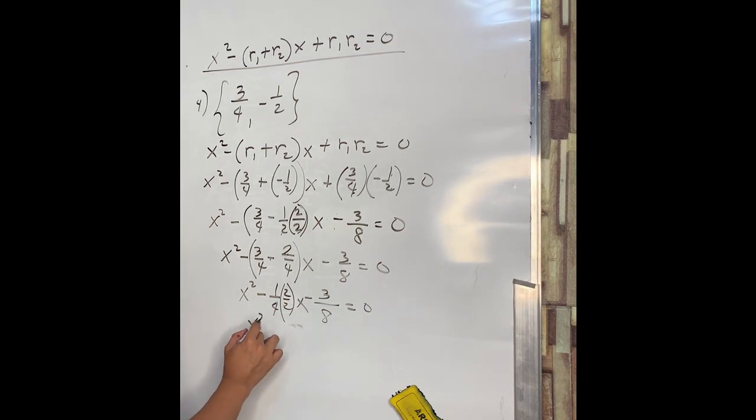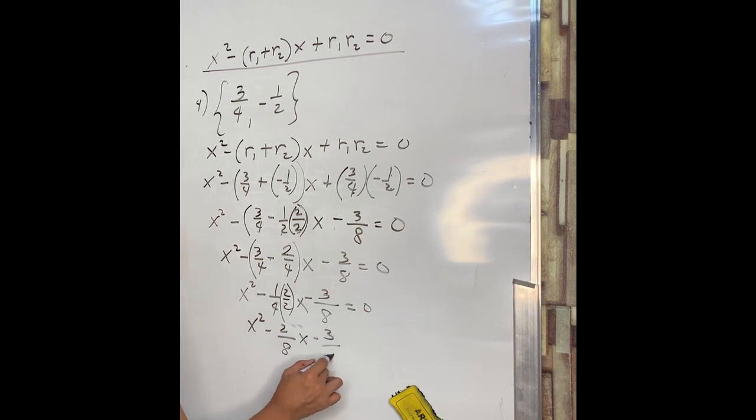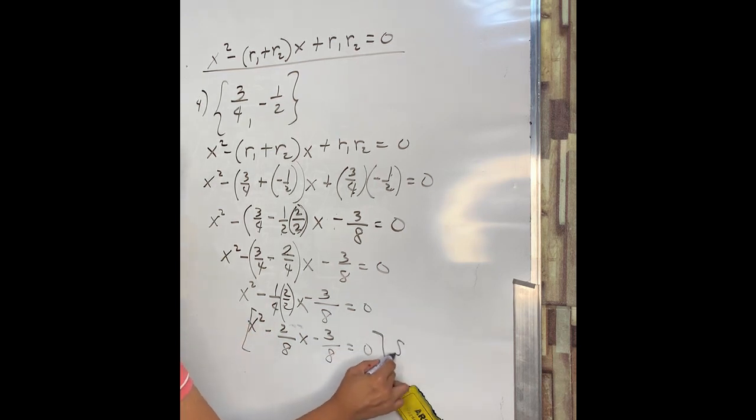So you will have x squared minus 2 over 8x minus 3 over 8 is equal to 0. Multiply all the terms by 8. So you will have 8x squared minus 2x minus 3 is equal to 0. Therefore, the equivalent quadratic equation of 3/4 and negative 1/2 is 8x squared minus 2x minus 3 equals 0.